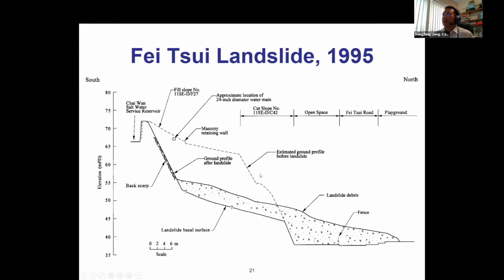So basically they steepen a part of the slope to create some area for property development. But during heavy rainfall, the landslide is a big problem.